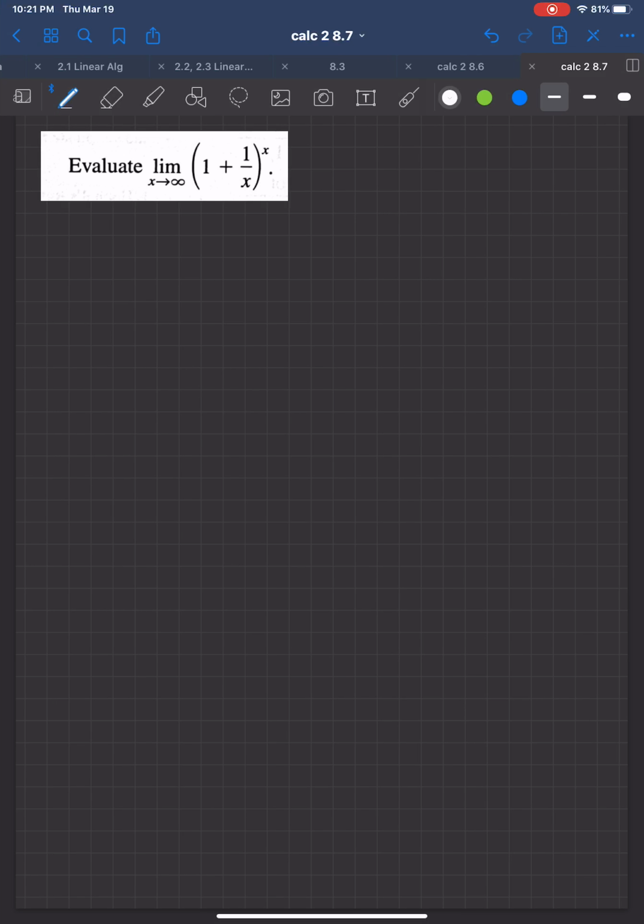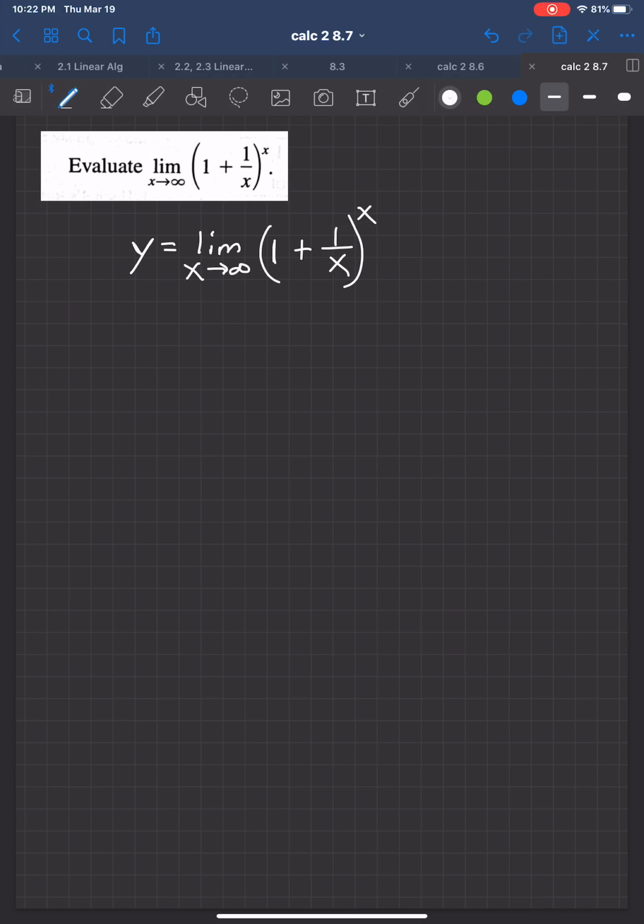Well, in this way, I'm going to rewrite this. This is one of those problems where we're going to think of it as an equation, as y equals the limit as x approaches infinity of 1 plus 1 over x to the power of x.